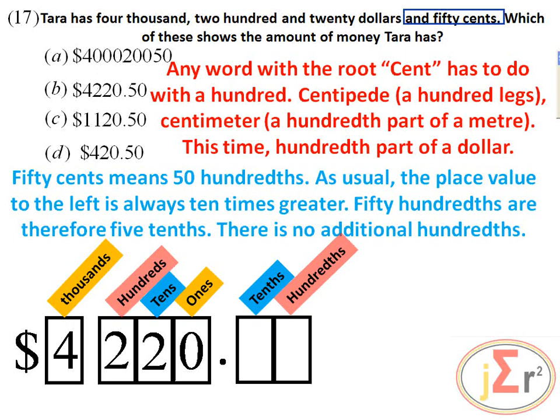As usual, the place value to the left is always 10 times greater. So 50 hundredths are therefore 5 tenths. There is no additional hundredths. So when we say 50 cents, we mean 50 hundredths. And we know that the tenths are 10 times the hundredths. So that 50 hundredths that we have there is actually 5 tenths.